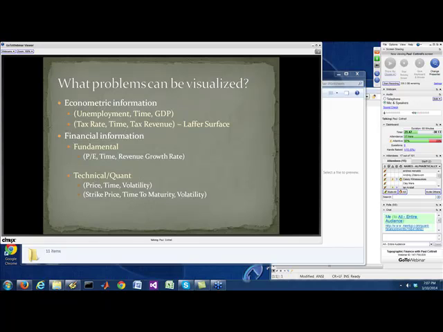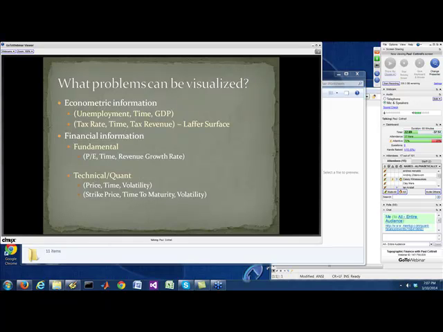Another example is tax rates over time and tax revenue. Now, the ones that have joined that are familiar with the Laffer curve, it is basically tax rate relative to tax revenues. And it was proven that if you keep on increasing your tax rate, tax revenues will actually decrease.